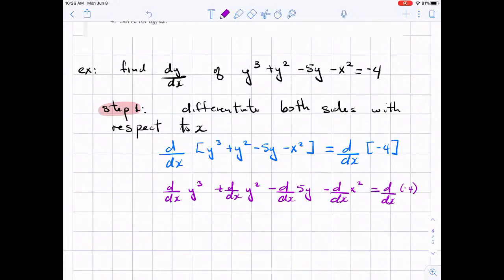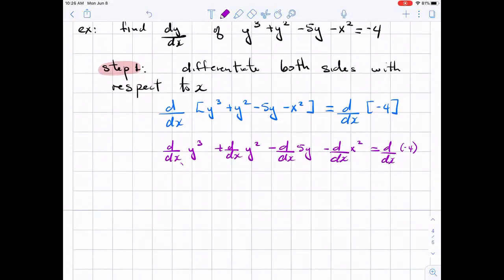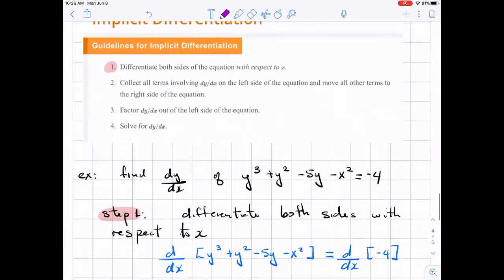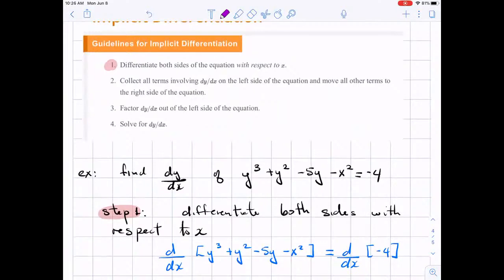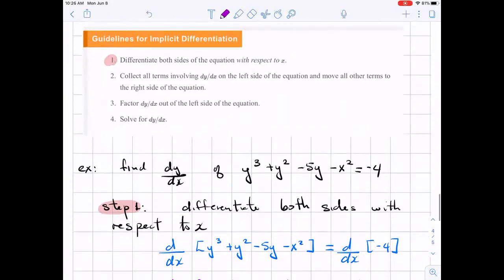Okay, so here, once the variable doesn't match, that's when we will start to differentiate. And so we didn't quite move to step 2 yet, okay?